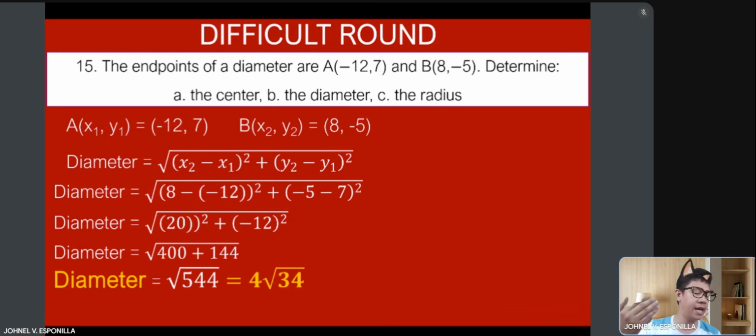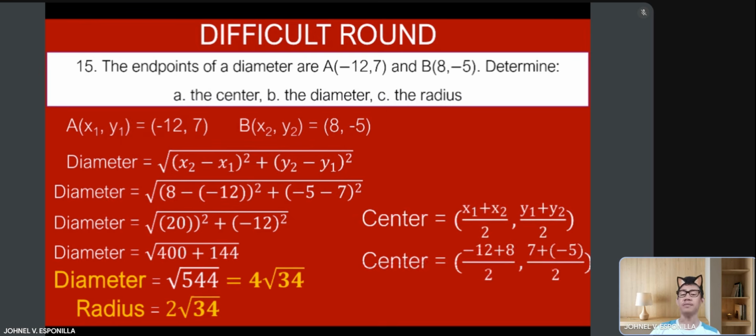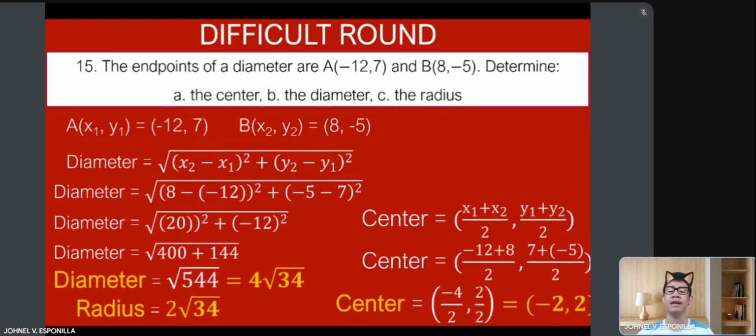We divide the diameter by 2 to get the radius, and 4 divided by 2 is 2, then attach the square root of 34. This is the diameter and this is the radius. And for the center, we use the midpoint formula, and that is (-2, 2).